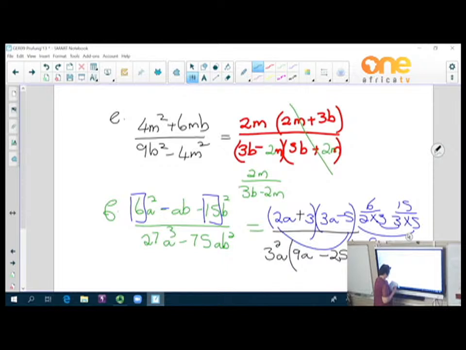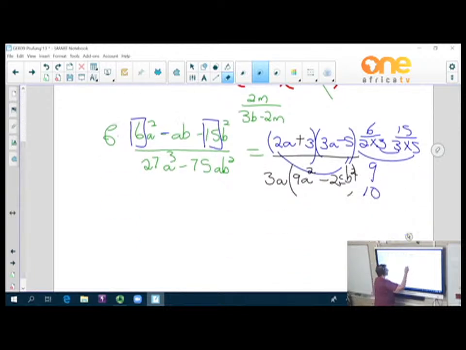Oh no, I can only take out the 3a, so that will make it then a squared here and b, and ab there on that side. So this one is b squared. This one can actually factorize further because this is the difference between squares.